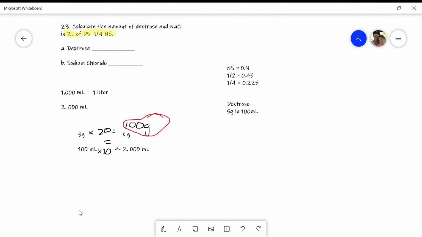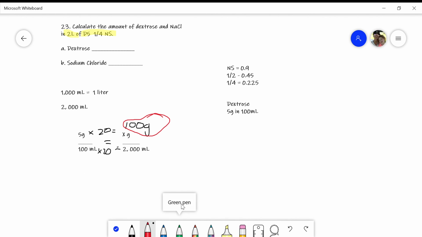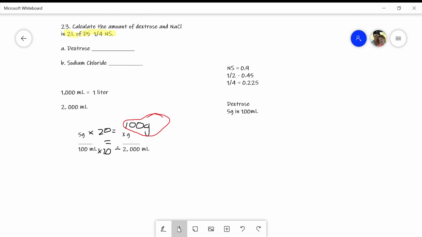And we're going to do the same thing with the NaCl.